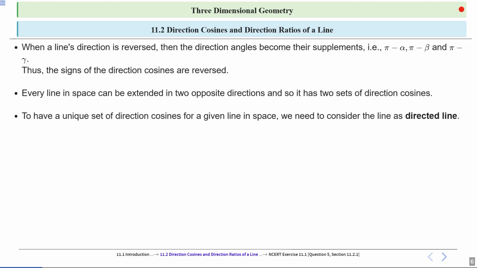To avoid confusion and to have a unique set of direction cosines for a line, we need to treat the line as a directed line. That means we specify which direction along the line we are considering. By doing this, we can assign a single unique set of direction cosines to the line, rather than having two possible sets.